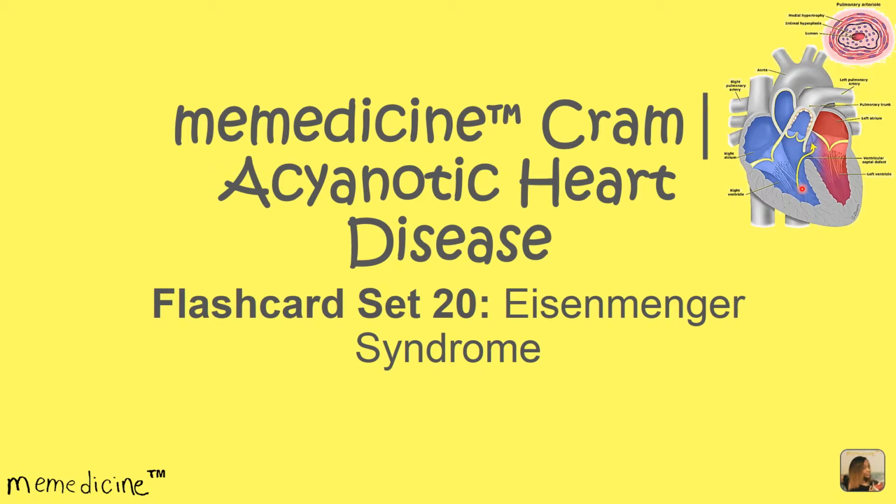And we see here because of increased right ventricle flow, there's going to be a shunting of deoxygenated blood from the pulmonary arteries to the aorta.